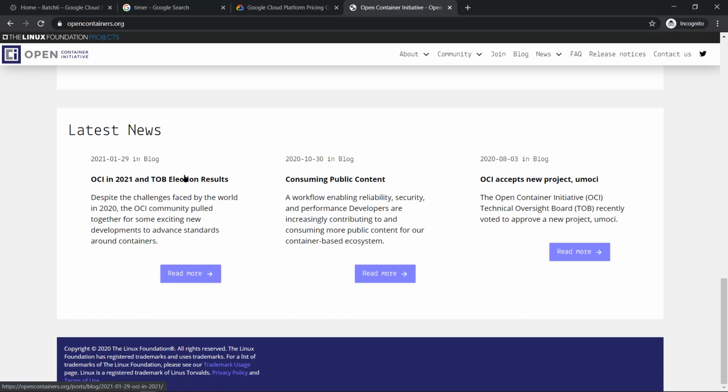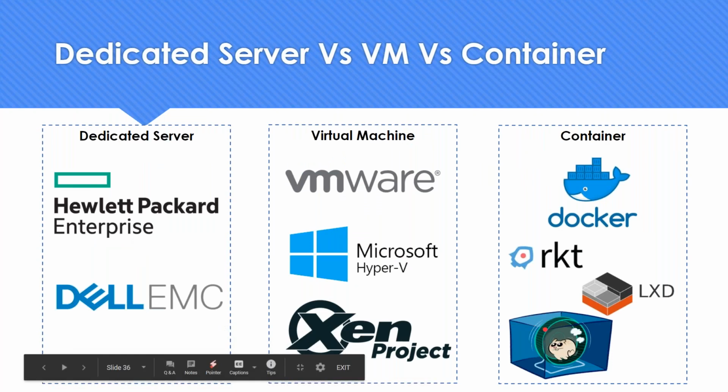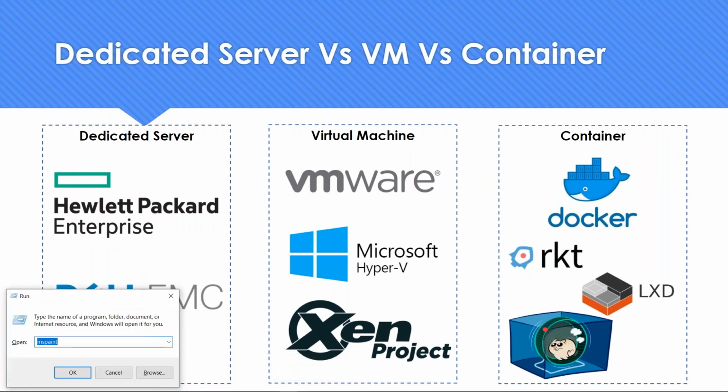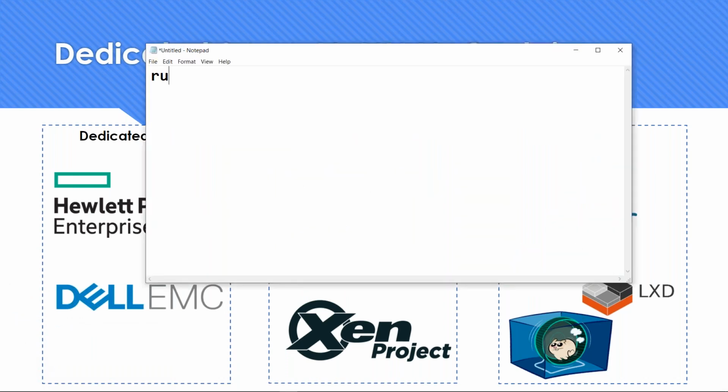So the mother of all the containers, if you ask me for a container runtime, it is this one, run C. So let me just show how do I spell this. You can just search for run C or run SC, both are same. So there's a specification, the Open Container Initiative. So it has been written as per this.